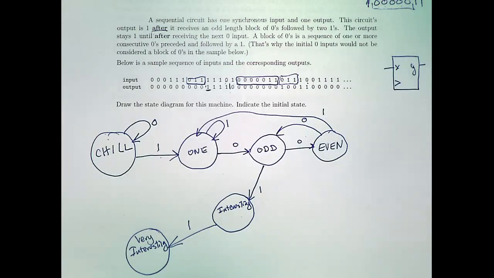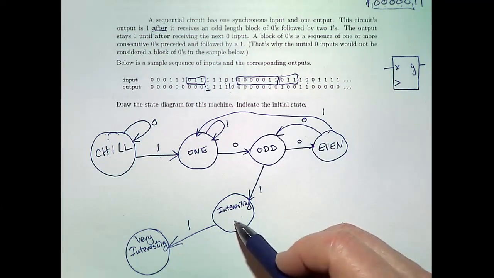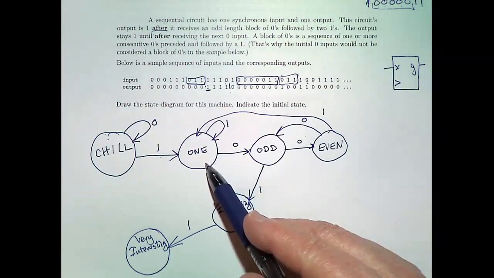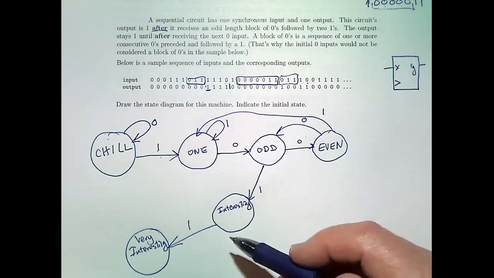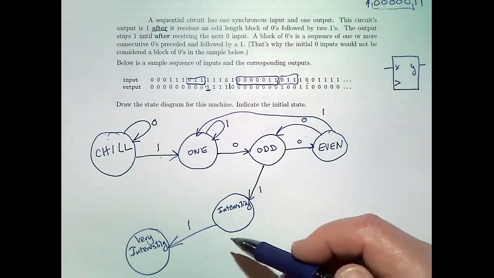Yes, Marco. So if I get a 0 here, I should go where? Sorry, when it's 1, you just loop into interesting. I don't see why we're doing very interesting. You would see 2 1s. Oh, 2 1s, okay, yeah.